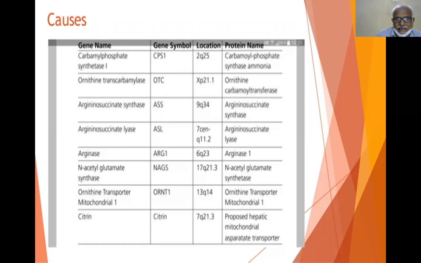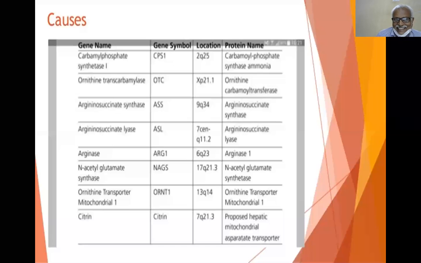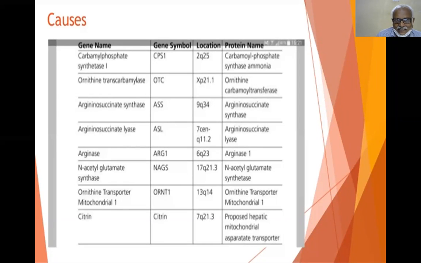Argininosuccinate synthase is another one, ASS. That's the gene symbol. Don't pronounce it as S. That's why I read it as ASS. 9q34. Argininosuccinate synthase is the protein. Argininosuccinate lyase is the gene name, which is symbolized as ASL. 7q11.2. Argininosuccinate lyase.